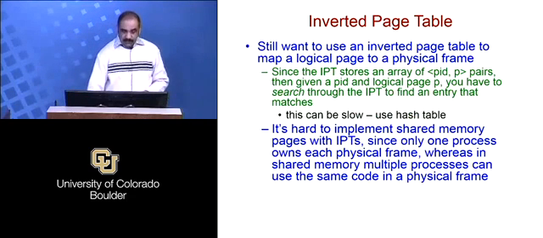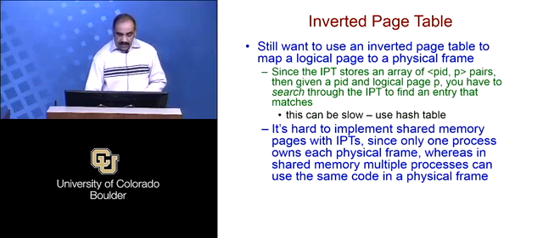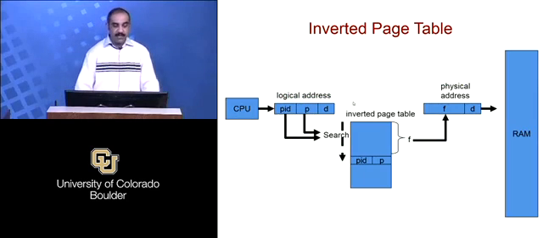So in a picture, I have a picture here. In an inverted page table, what happens is you are given a logical address. The logical address now comes with the process ID, then this is the page number, and this is the displacement.